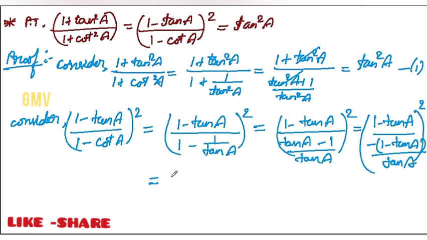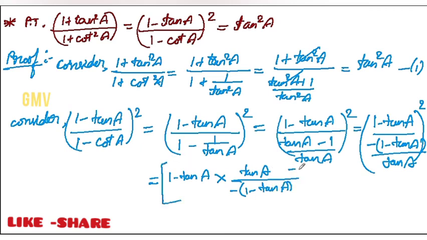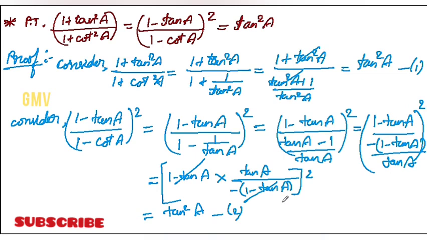Whole square. Now 1 minus tan A is there into, I will take the reciprocal of the denominator, so we get tan A whole divided by minus of 1 minus tan A. Whole square is there, so put whole square, then it is equal to, see here, 1 minus tan A, 1 minus tan A will get cancelled, minus is there, minus square means again it becomes positive, so tan is there, we get tan square A. So let it be equation 2.